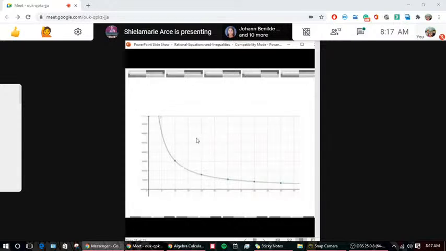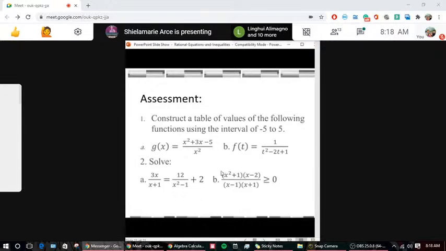Tapos yung graph niya, kapag ginamit ninyo ang GeoGebra, screenshot ninyo lang, pwede na yon. Pag maliliit naman yung values, pwede ninyong i-graph ng usual lang. Tapos yung sa number 2, A at B, ito yung sa rational equation natin, yung pagsasolve ng value ng X. Itong kay B, yung may interval notation. So, either you will use the test point values or the sign analysis, walang problema kung alin doon ang gamitin ninyo. Okay po?